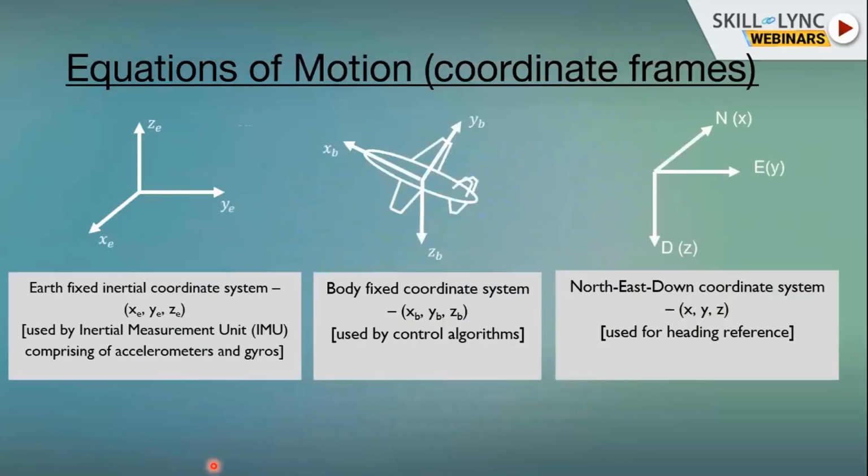So here are the coordinate frames that are typically used in the aerospace industry. The one you see on the left is an Earth-fixed inertial coordinate system. All these coordinate frames are imaginary, so you can't really draw a line, but they're reference frames. So when an aircraft is parked at the gate, you can imagine the gyro and accelerometers.